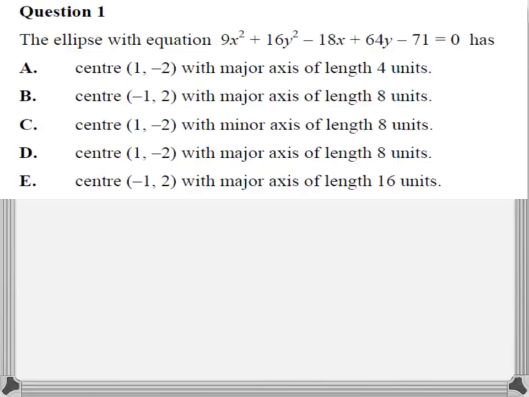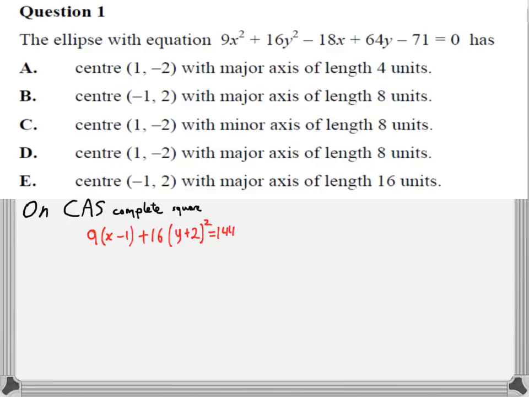Now on the CAS, the best thing to do here is to complete the square of this expression using the complete the square function on the CAS, and we would get this. From that we can see what the center is straight away.